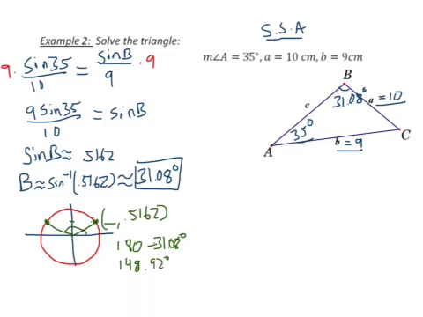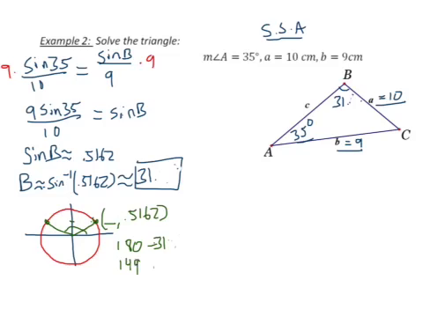In fact, let's go ahead and just round this off. Directions will usually tell us, but we don't have specifics, so let's just call this 31. That's close enough. So we've got 31 and we've got 149.